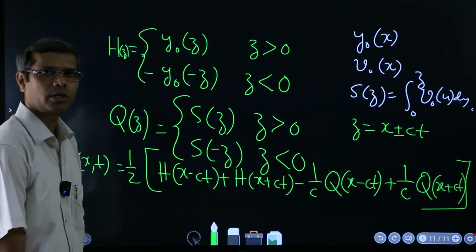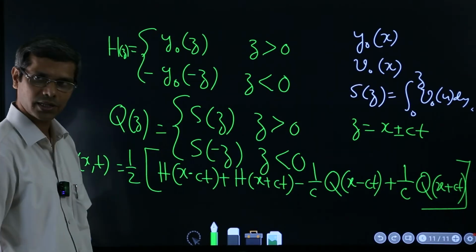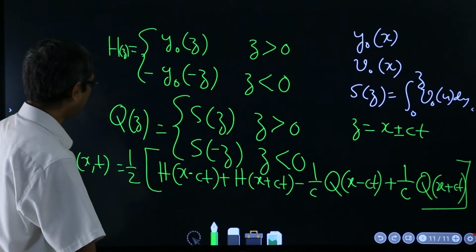So that's what will be the solution to your differential equation, the wave equation which we named.